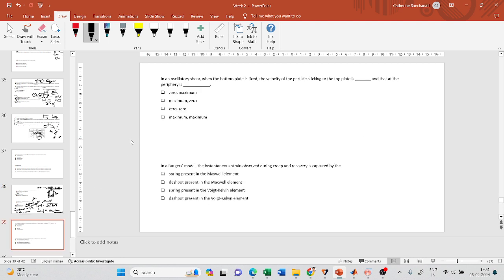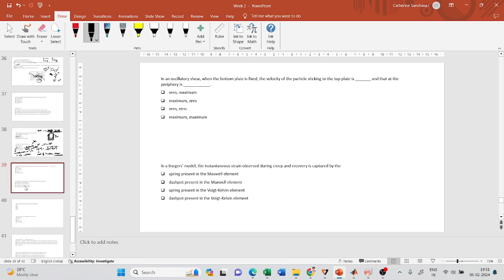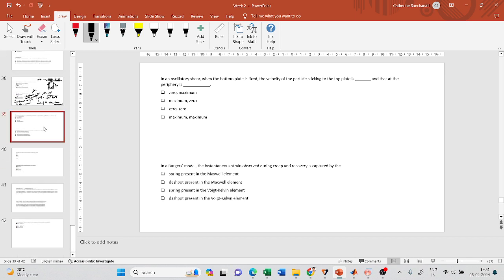So in an oscillatory shear, when the bottom plate is fixed, what is the velocity of the material sticking to the top plate, and that at the periphery? So let us take a parallel plate system. In the case of a parallel plate system, only the top plate will oscillate.